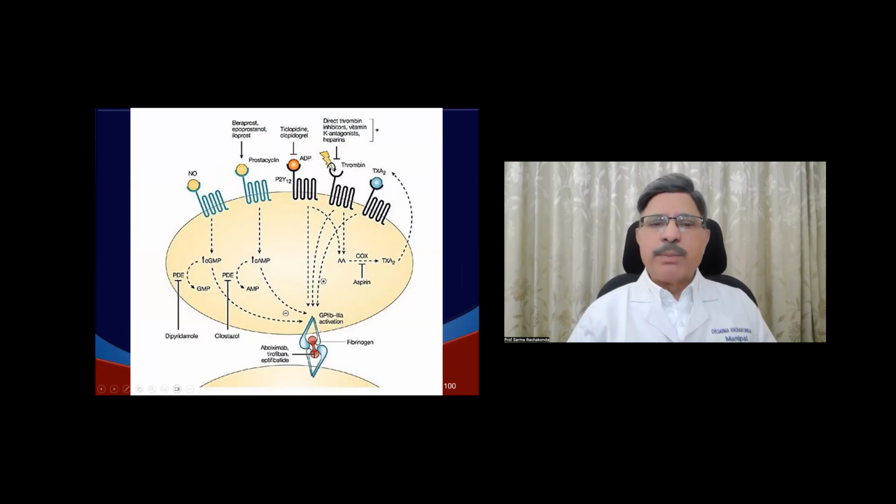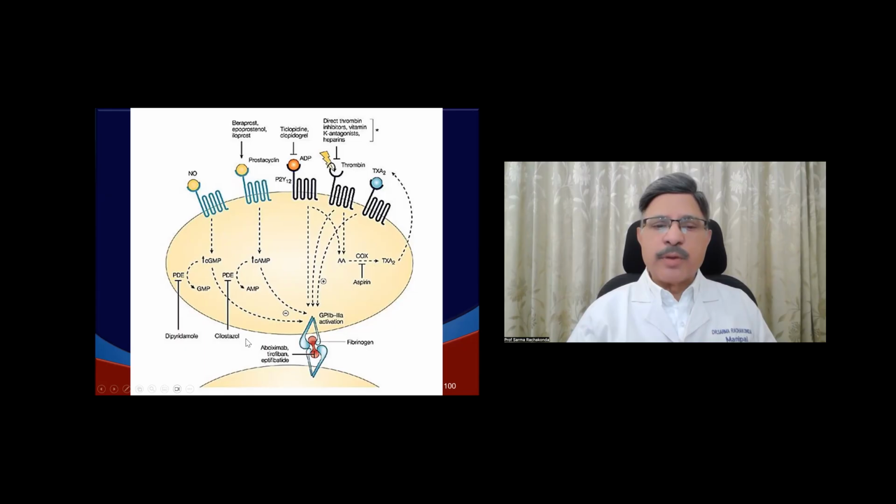So we can either block in the final way by using the GP IIb/IIIa blockers like abciximab, tirofiban, or eptifibatide, or we can attack any one of the mechanisms. For example, dipyridamole, which we used to use as students left and right, is available as Persantin. It affects the PDE.